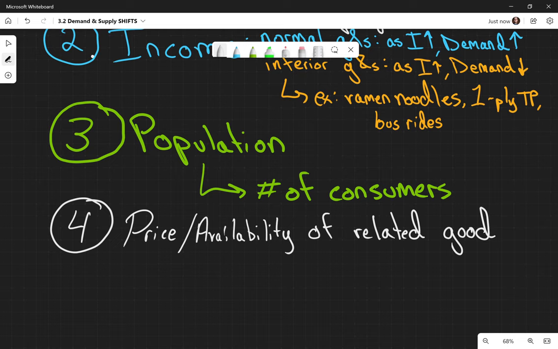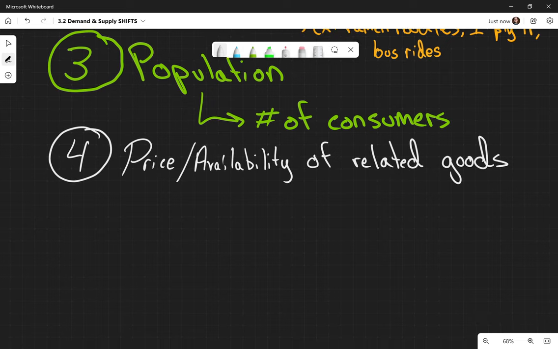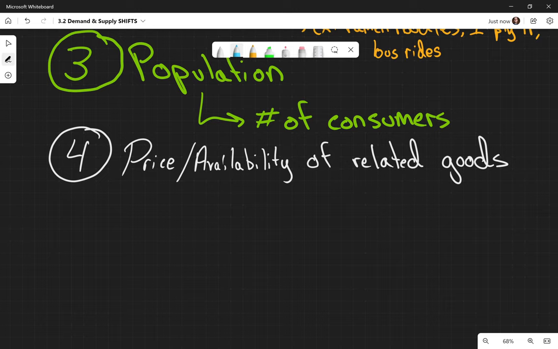And again, we get to learn some new definitions. When we talk about related goods, we are talking about what are called complements. Note the E instead of the I. So it's not a compliment like "you are so pretty." It is a complement, meaning it goes with something else.